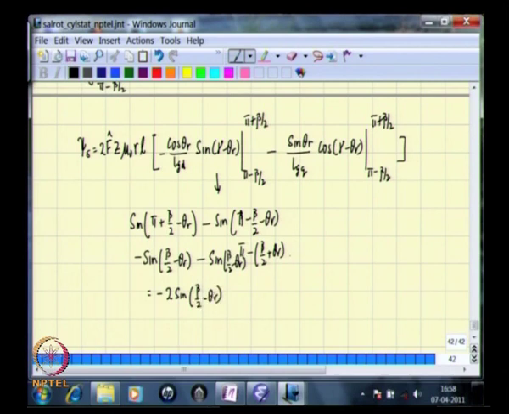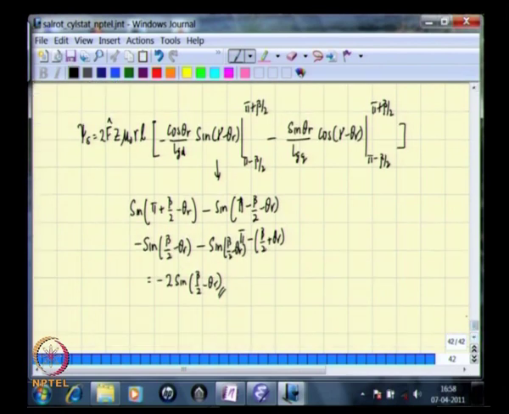And this can be taken forward to further simplify the expressions. Let us look at further simplification in the next class and see how the inductance term is really going to look for this case of distributed stator winding. We will stop here and continue in the next class.